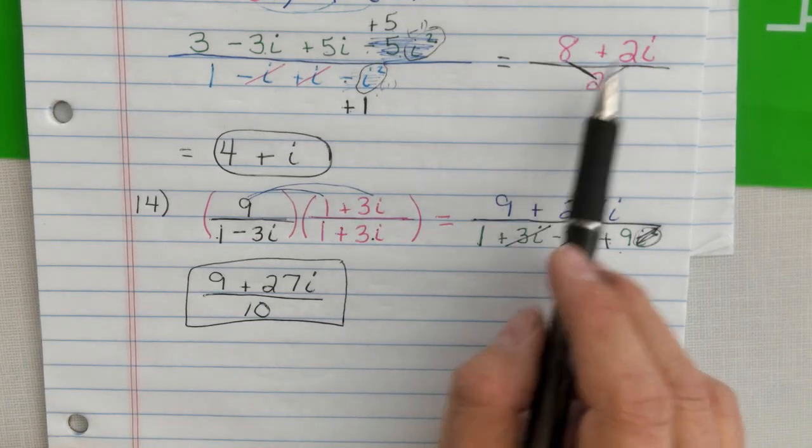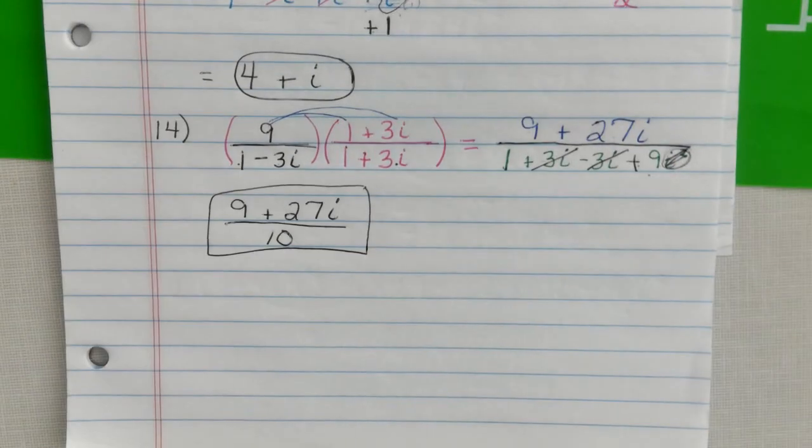You could cancel it. Okay? So 9 plus 27i all over 10. So I'll say fraction 9 plus 27i. Oh, wait, what's going on here? I think I've zoomed too much. 9 plus 27i all over 10.